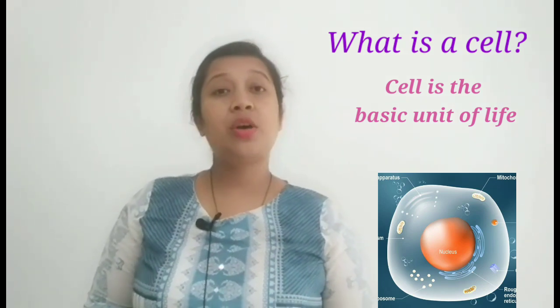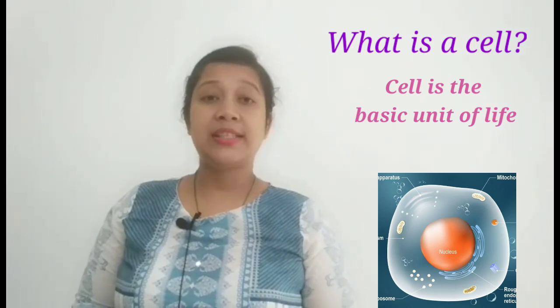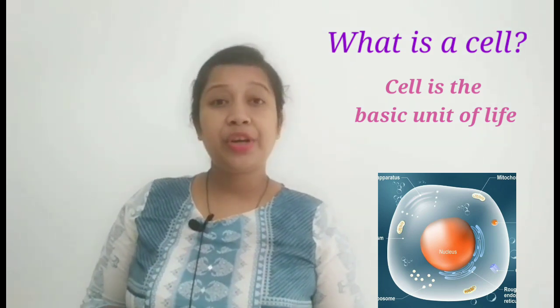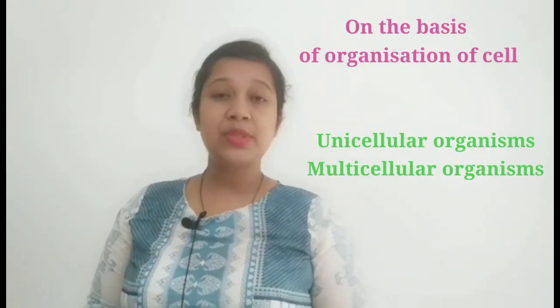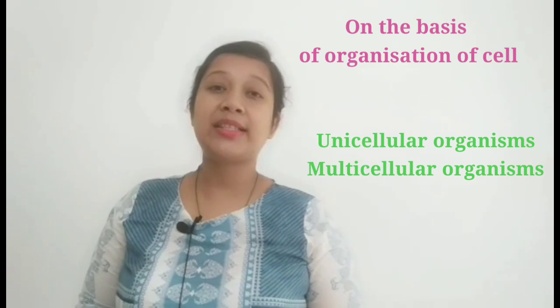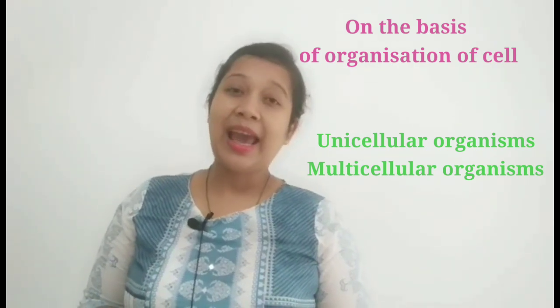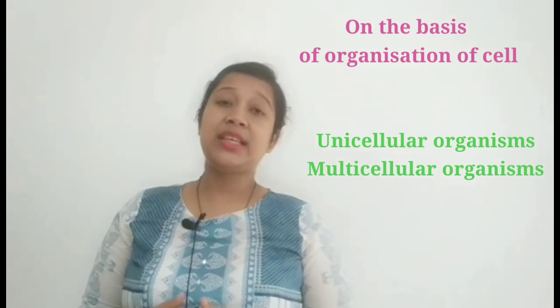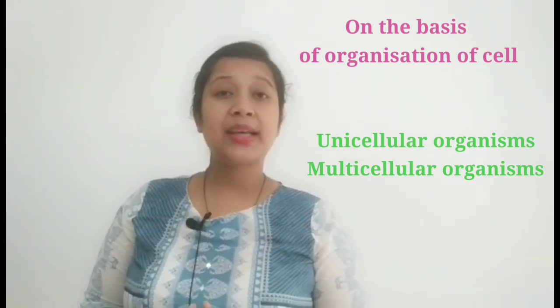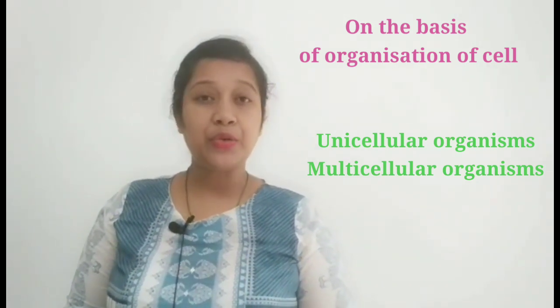So on the basis of the number of cells, living organisms are of two types: unicellular organisms and multicellular organisms. And we, the higher plants and the higher animals, belong to the complex multicellular forms of life.